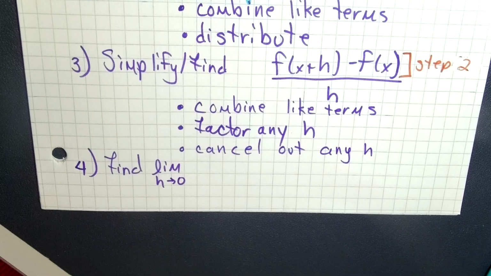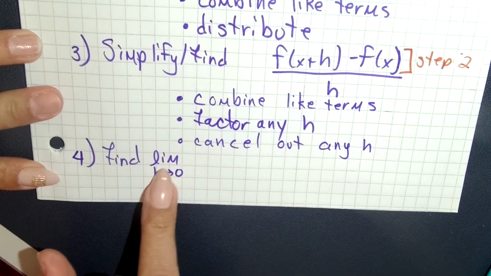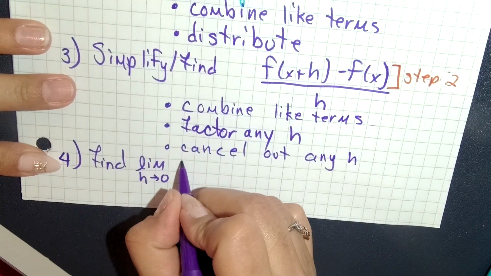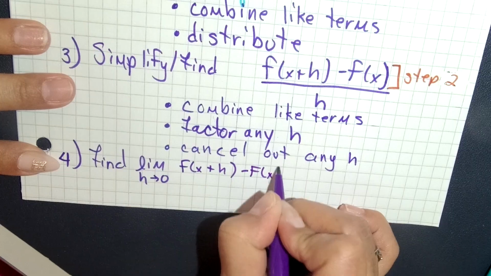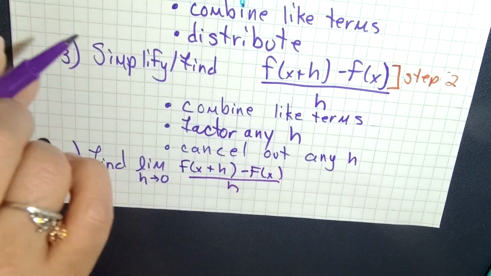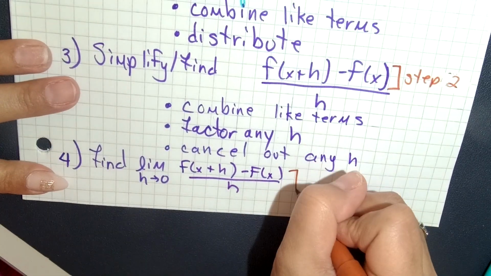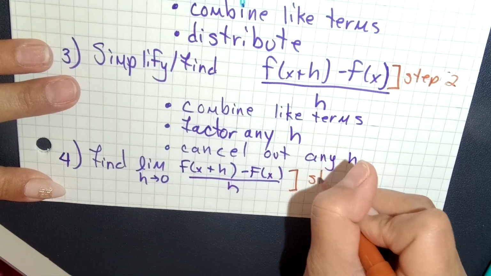Okay, thanks. Bye. Okay. The last thing you're going to do is find the limit as h approaches 0 of f of x plus h minus f of x all over h. Guess what? You did this already in step 3.